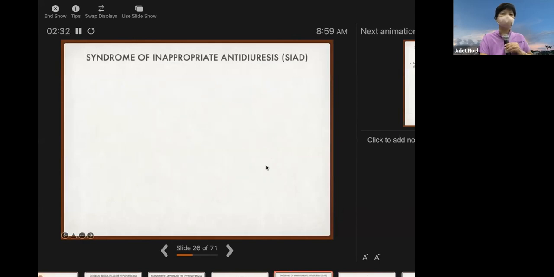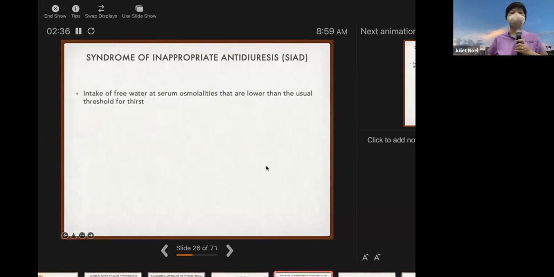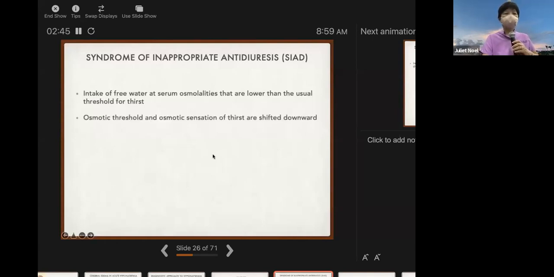So the SIADH: the intake of free water occurs at a serum osmolality lower than the usual threshold for thirst. What happened? The osmotic threshold and osmotic sensation of thirst are shifted downward.